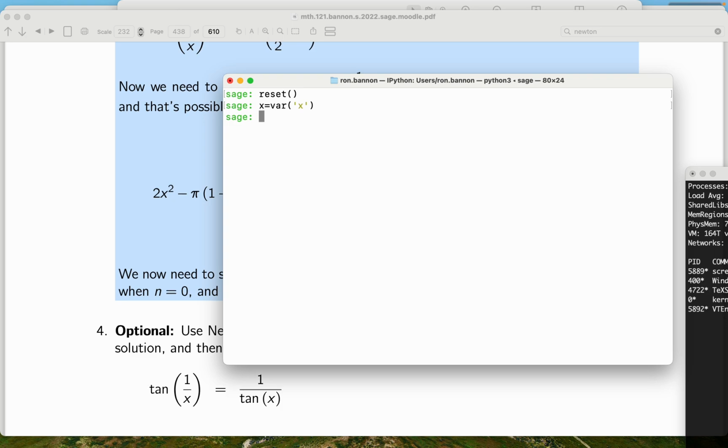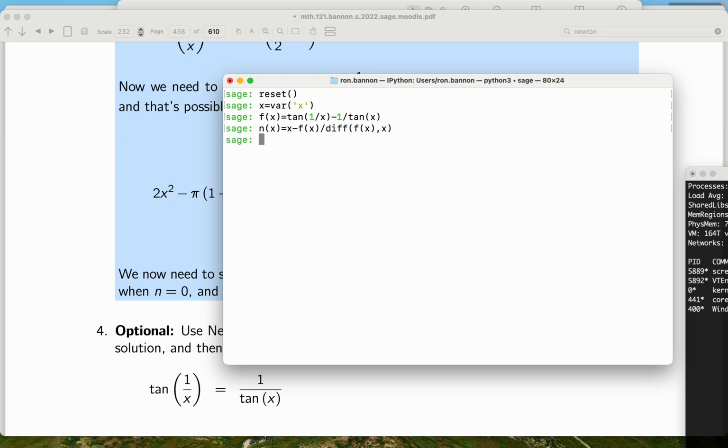So I'm going to call it a function f of x. And f of x is equal to the tangent of 1 over x minus 1 divided by the tangent of x. Then I'm going to define this new function, call it Newton's method. And its Newton method is going to be some initial guess x minus f of x divided by the derivative of f with respect to x.